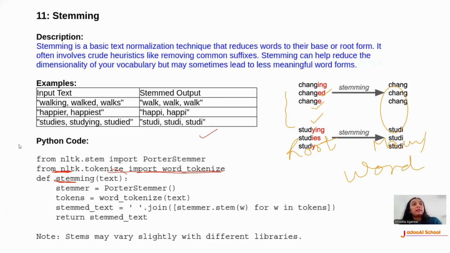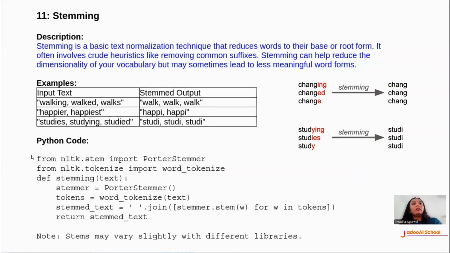Now, then there is something called, now this is a little trickier. Maybe you do not totally understand it today, but you will understand it in the future slides. So one is lemmatization, the other is stemming. Stemming is brute force. So what is brute force? It has nothing to do with the English language.